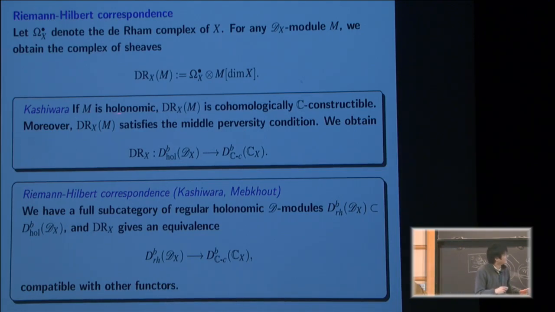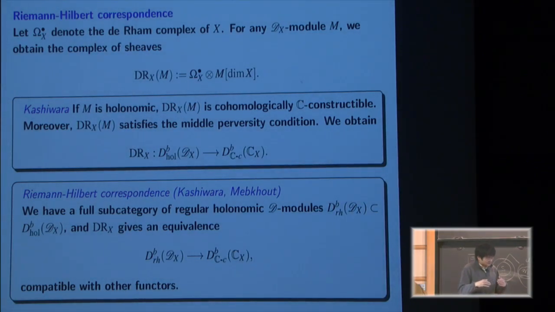So according to Kashiwara, if the D-module is holonomic, then the complex is cohomologically C-constructible. I mean, we have a stratification by complex subvarieties, and the restriction to each stratum is cohomologically locally constant of finite rank. And moreover, he proved the complex satisfies the middle perversity condition, which is a vanishing condition for the cohomology along each stratum.